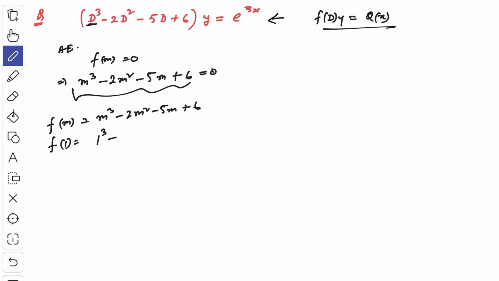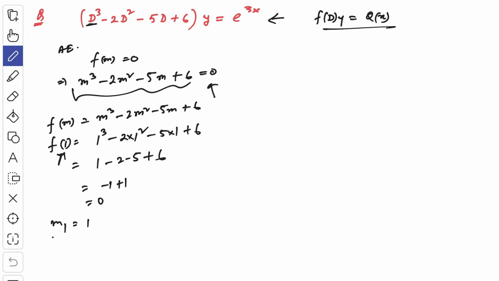Let me check: 1 cube minus 2 into 1 square minus 5 into 1 plus 6, that's 1 minus 2 minus 5 plus 6, so minus 1 plus 1, that's 0. So we have got one root of this auxiliary equation, that is m1 is 1.